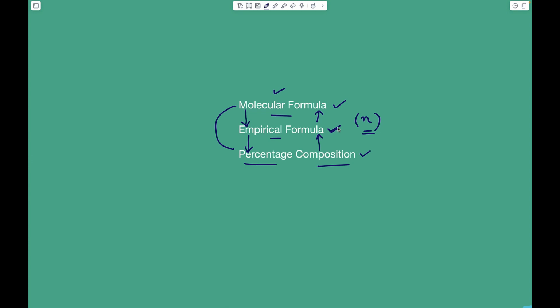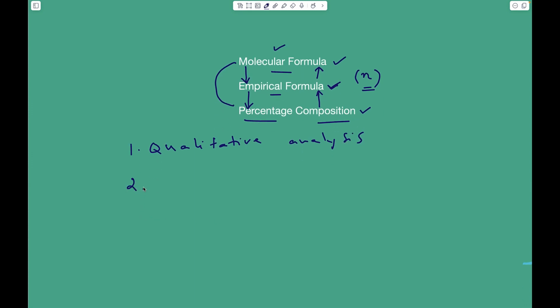Now, what do we need to know the molecular formula of a compound? First, we need to know the various elements present in that compound, and the experimental process for finding out the various elements present in a compound is known as qualitative analysis. Qualitative analysis reveals all the elements present in a compound.